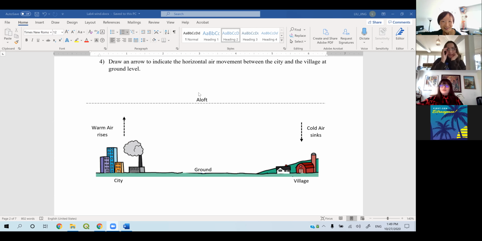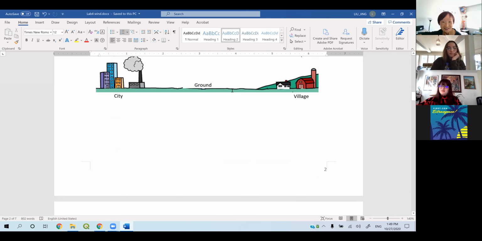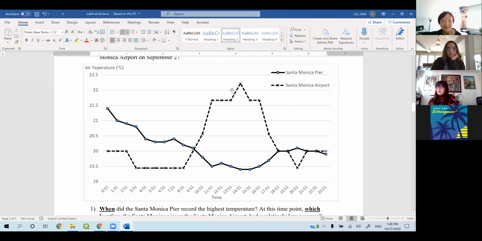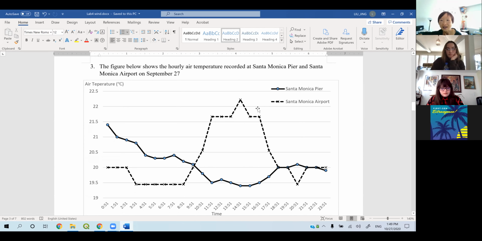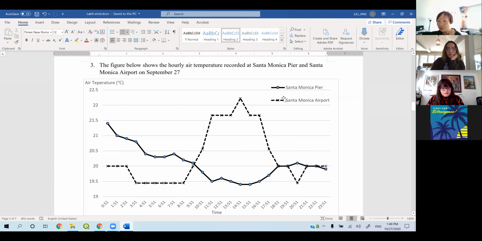Then this is a real world example, Santa Monica, to study the land sea breezes. I give you the temperature at two places. One is this solid line, the temperature the weather station recorded at Santa Monica Pier.